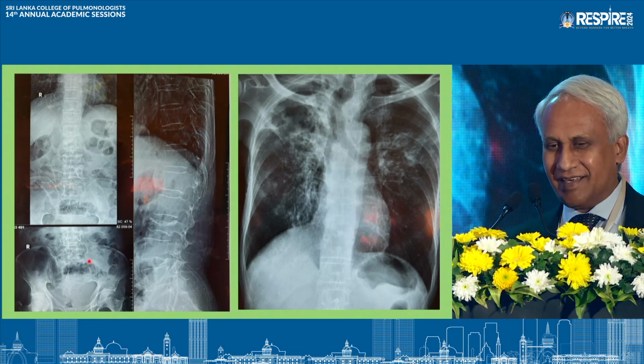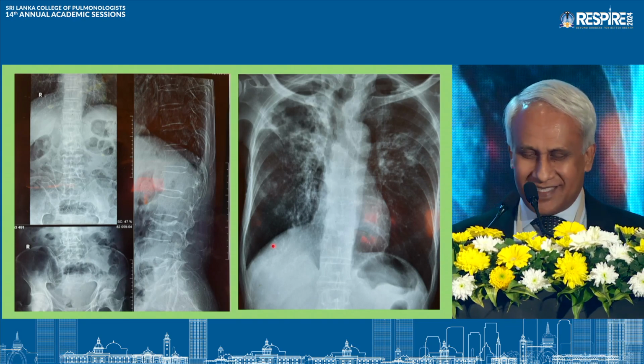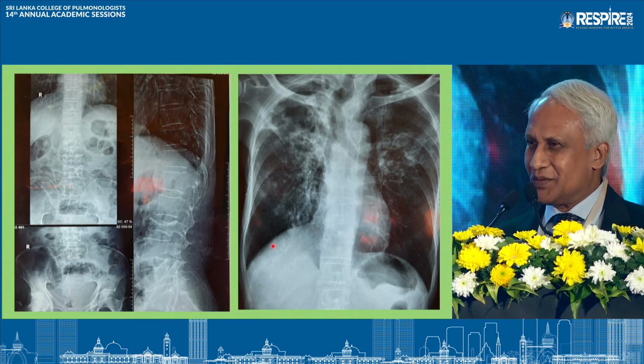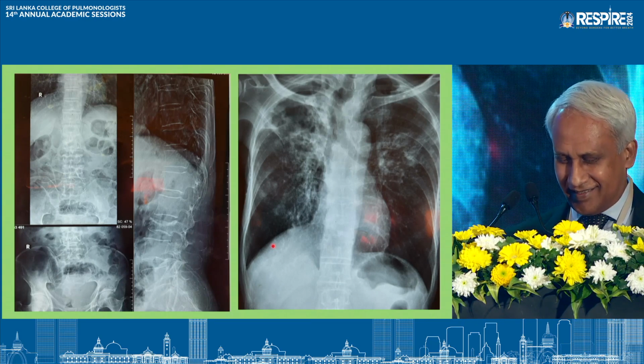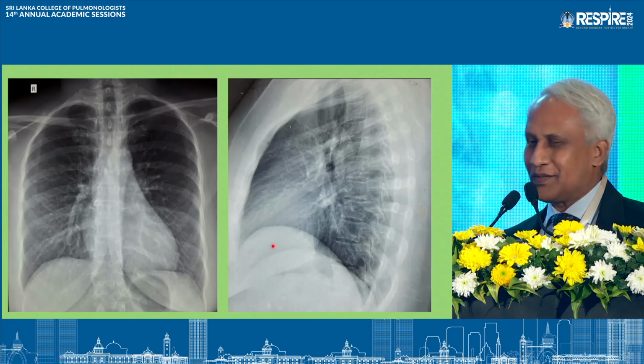Finally they did a chest X-ray and came to us. The take-home message here is that you are supposed to do a chest X-ray at the same time when you do some other X-ray. So start with the chest radiograph.